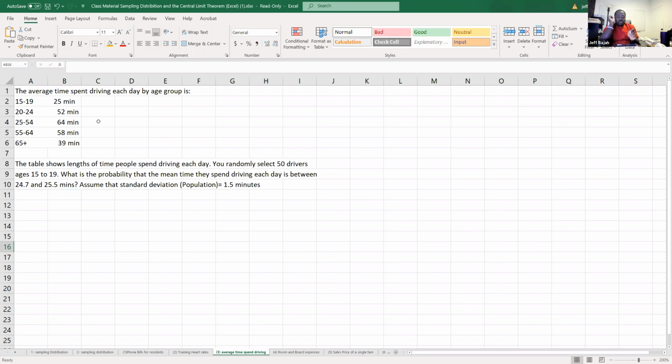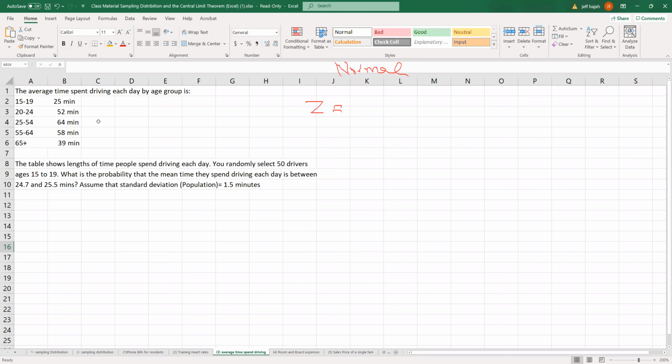Remember, who can tell me the formula for Z when we are using normal distribution? Can any of you remember it? We did this last week, Wednesday.